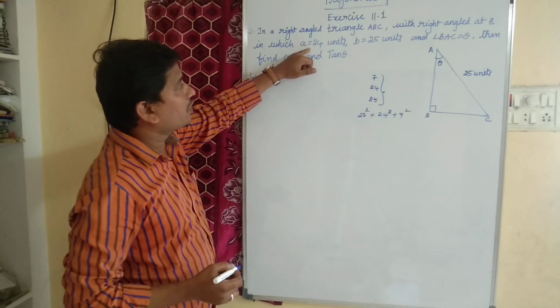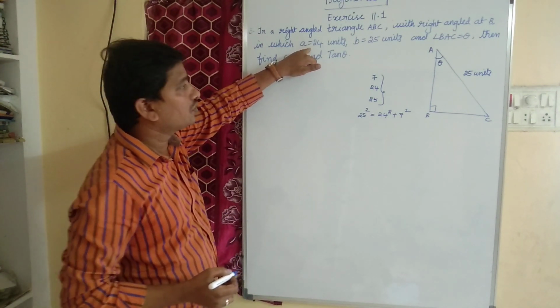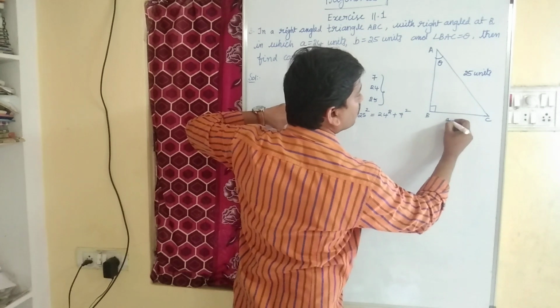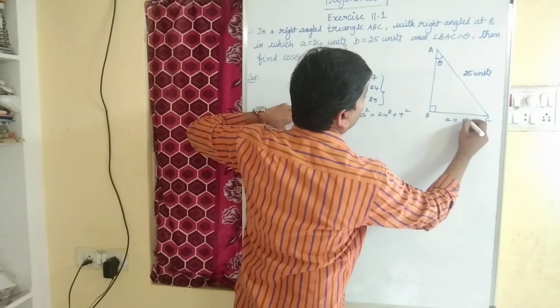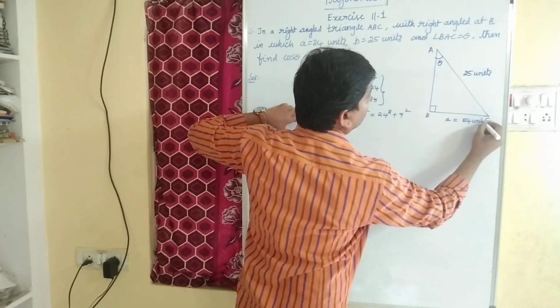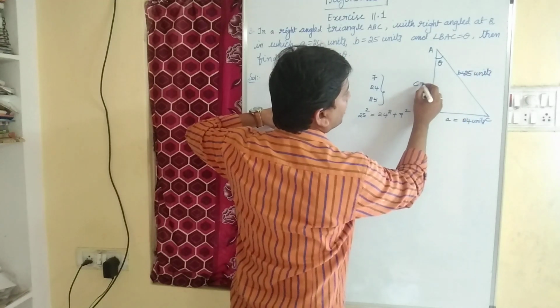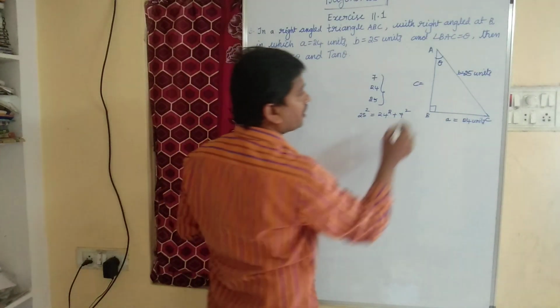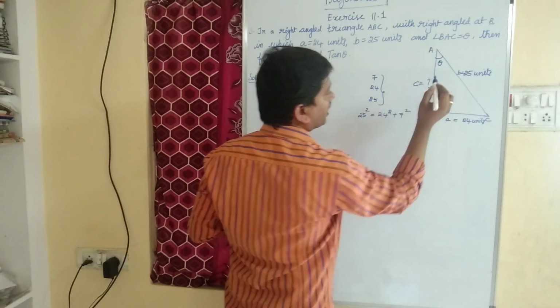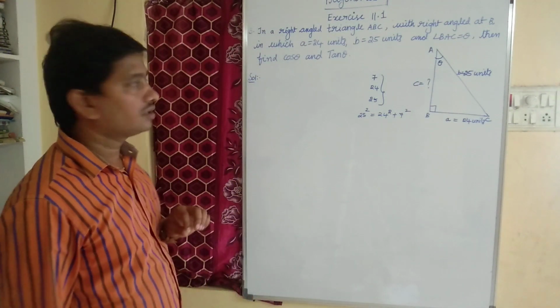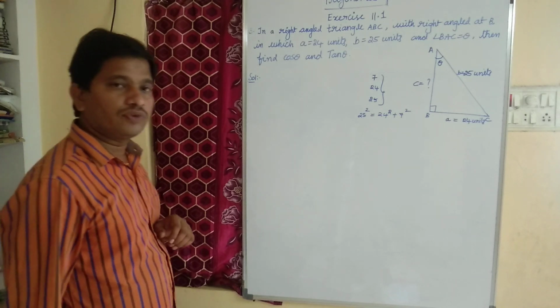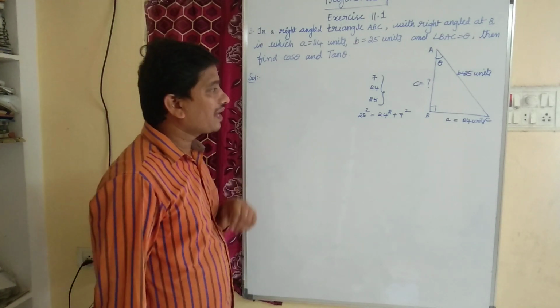And a equals 24 units. You consider BC as a, which is 24 units, and this is our b, 25 units. Let us consider AB as c. We don't know that; we have to find it out. We know that by using the Pythagoras theorem.